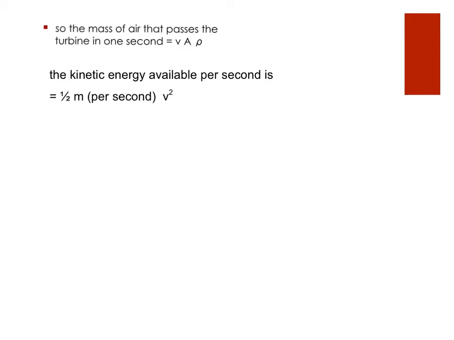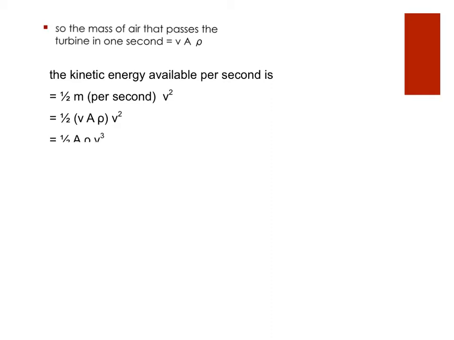Okay, so the mass of the air per second will be given by the speed of the wind times the area times the density. So if I put that into my kinetic energy equation, and I do the kinetic energy per second, because I have the mass per second, let's substitute that in.